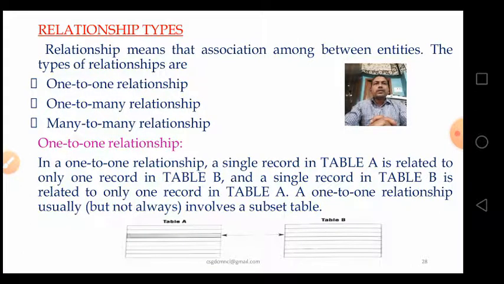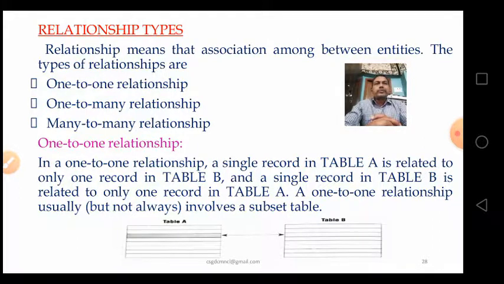In the previous class, we discussed types of attributes: what an attribute is and the different types of attributes. Attribute means the name of the column.